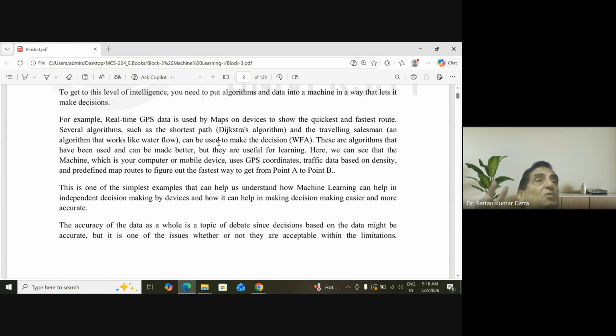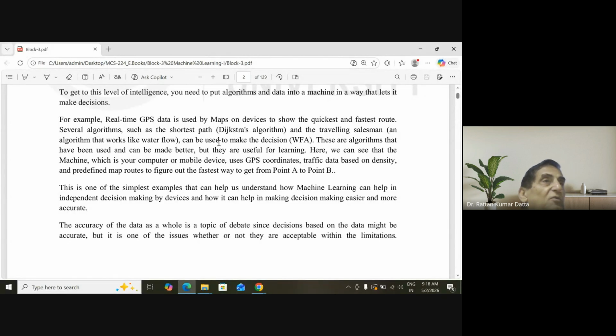If somewhere an accident has happened, it will also tell you that there is a traffic problem there. So this is the GPS condition. This is one of the simplest examples that can help to understand how machine learning can help in independent decision making.